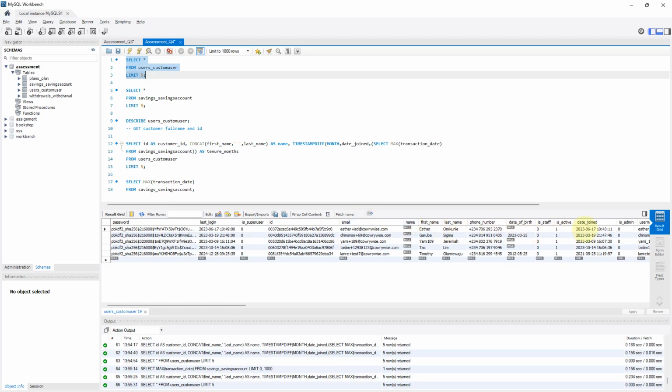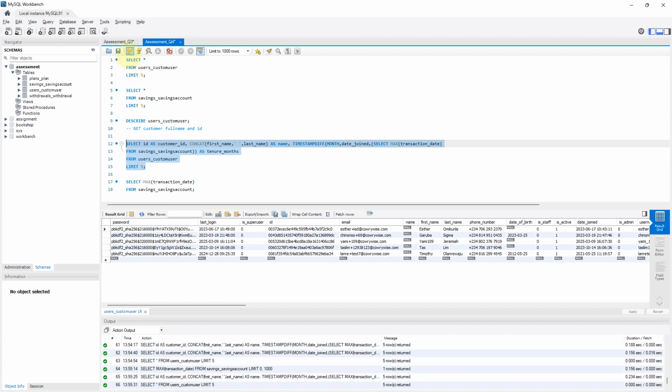So from July 2023 to 2024 is 12 months, and to April 2025 is shy of 2 months, so it's around 22 months.